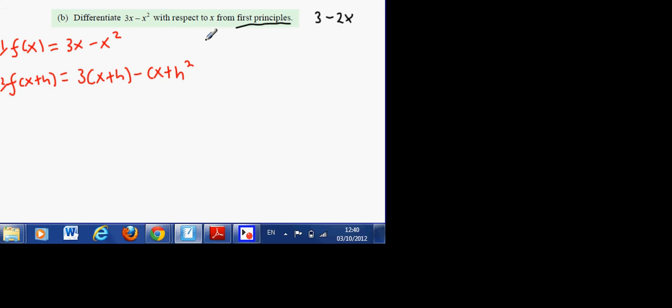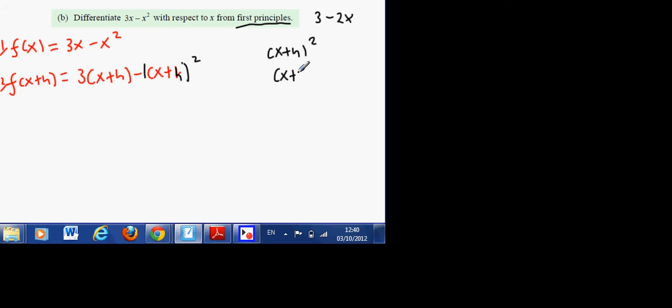Now, please be reminded that because there's a bracket and a minus here, there's a minus 1 in here. And that's where most people are going to make the mistake, okay? So x plus h, and you've got to remember, I just made a quick mistake there myself. The x plus h, the squared is outside the bracket. Go to the side of the page and write out x plus h squared.